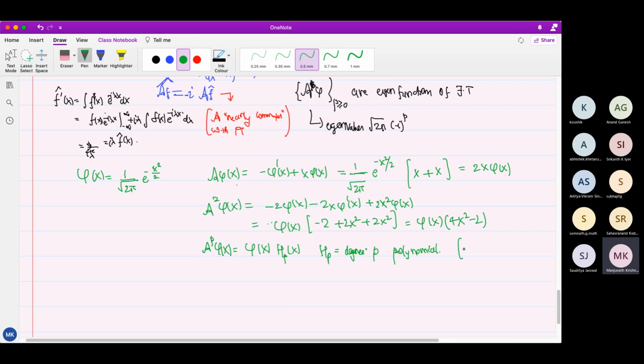So these are called Hermite polynomials. There are different normalizations, so some books may have it differently, but this is okay. You can call these Hermite polynomials. So the p-th derivative of phi is phi of x times a polynomial that is exactly of degree p.